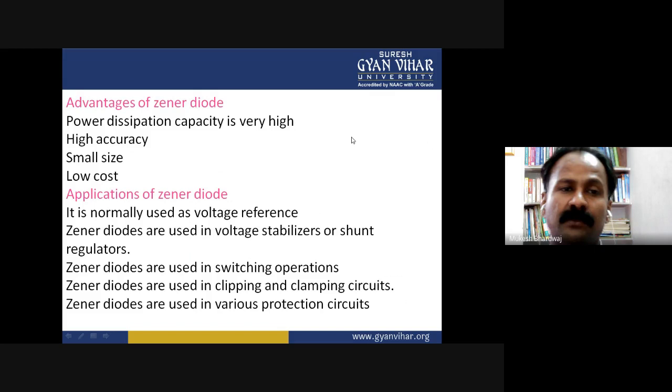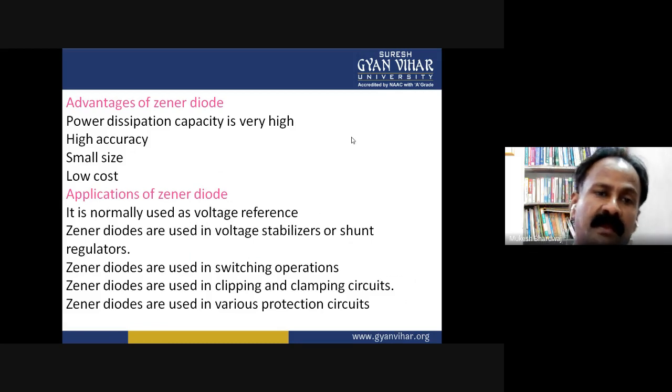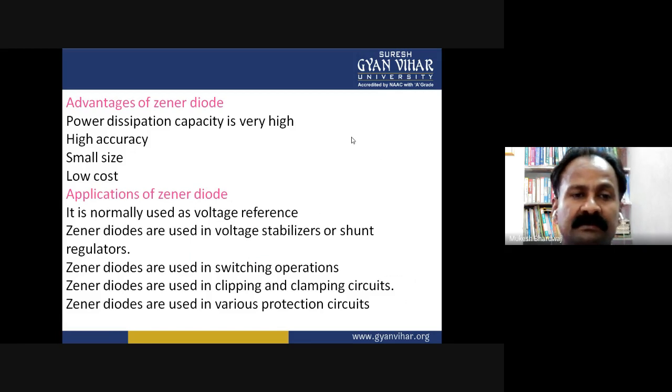Advantages of Zener diode. Power dissipation capacity is very high. It has high accuracy, small size, and low cost. Applications of Zener diode.